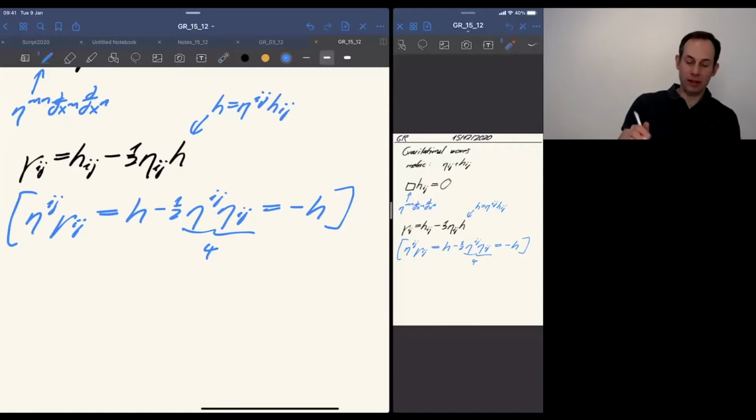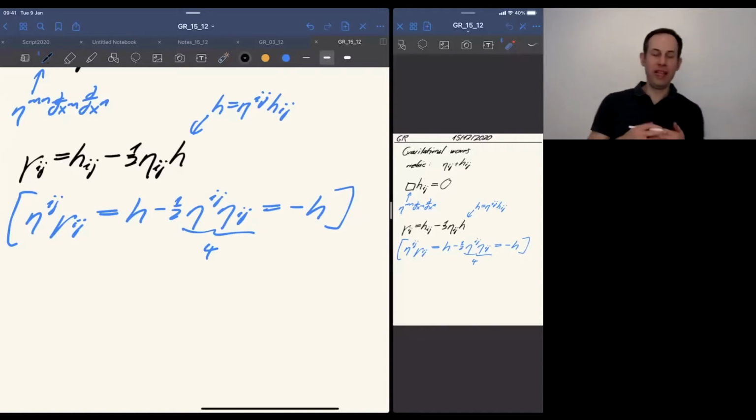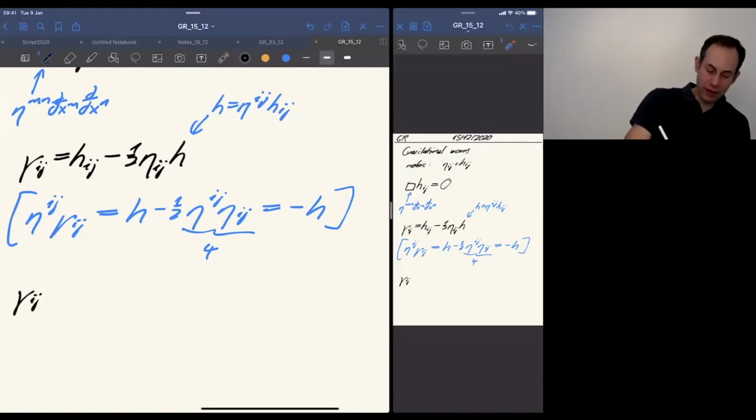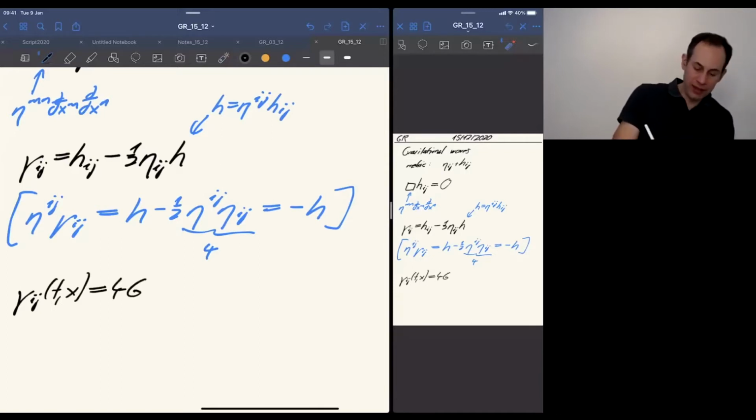Now, the last thing I want to take from the exercise series, so today I'm drawing a lot from what you're going to do in the exercises, is an explicit expression of this gamma tensor for the case where you have a source somewhere. And what you get here is the following.